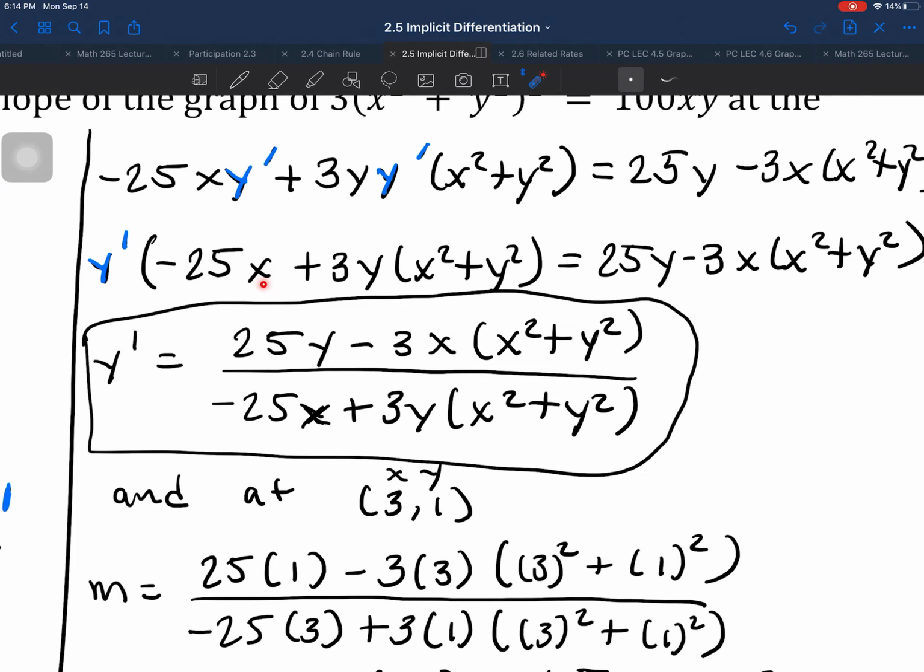Minus 25x plus 3y times the quantity x squared plus y squared equals the right side. Now because this is a product, we can divide both sides by this whole thing. I think I'm missing one of the parentheses here. There you go. So I divided both sides by this quantity.